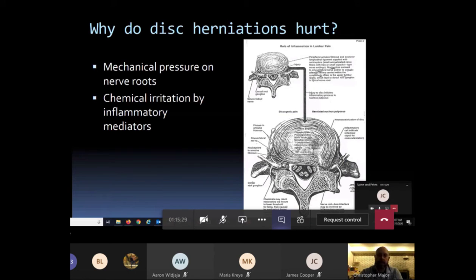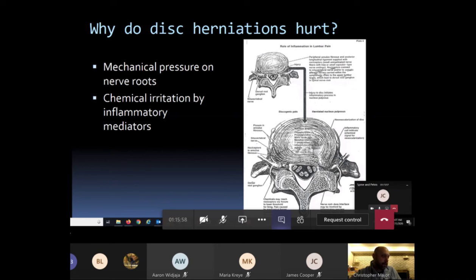But most of our patients are going to be those who have maybe new onset of pain, or maybe it's chronic, it's ongoing, it's back and forth, they have numbness and radiation into their legs. Is that caused by the disc herniation? It would be really nice if the answer was yes, if we knew for sure. But the problem is, as you can see in this diagram, here's an illustration of the nucleus pulposus pushing through right in the IVF, and it's compressing this nerve root, right?